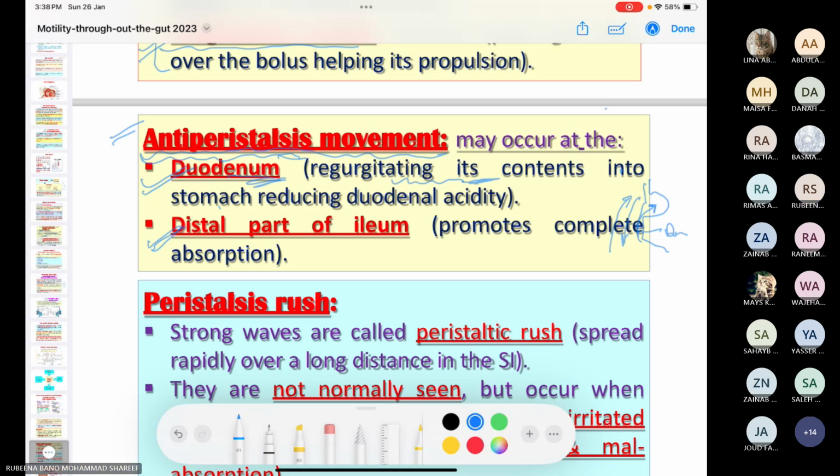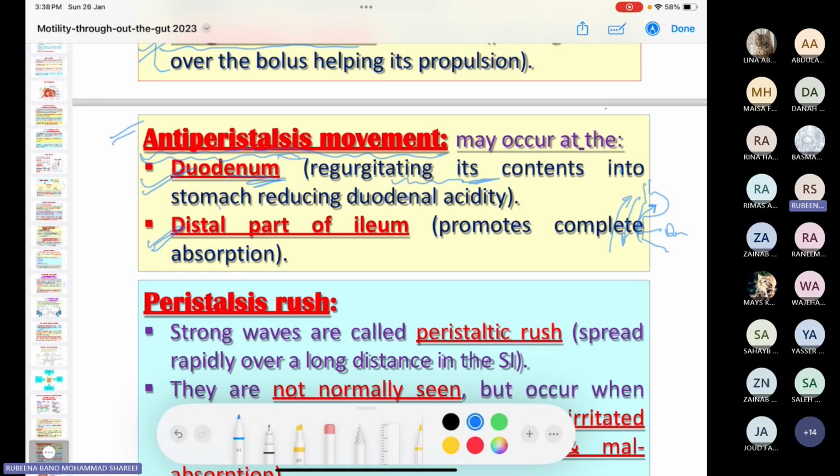So the duodenum will regurgitate the content back to the stomach. Okay, why is it occurring? Whatever chyme, or you can say the food, which enters the intestine is highly acidic, and the duodenum cannot tolerate highly acidic content for a long time.